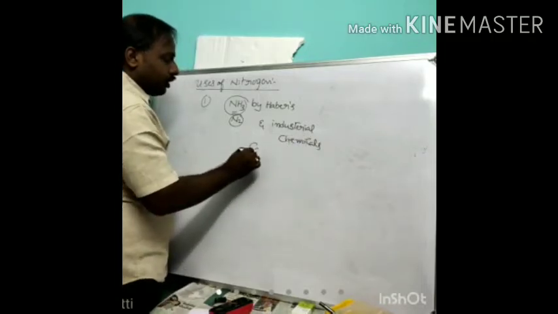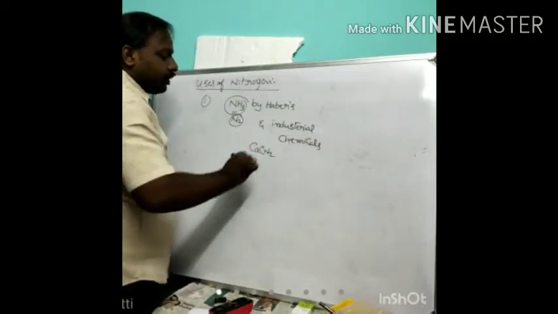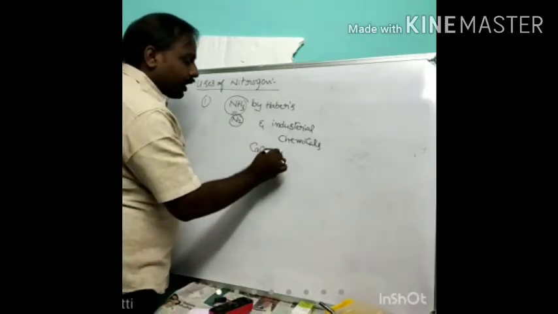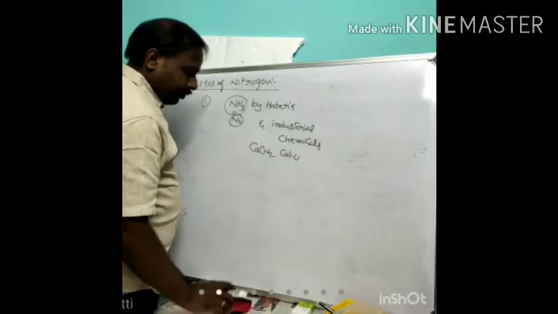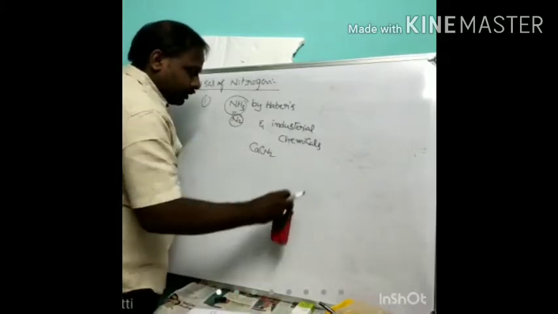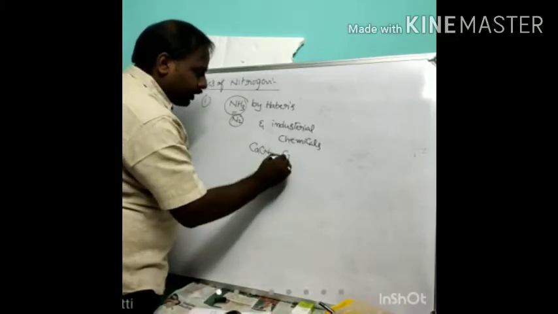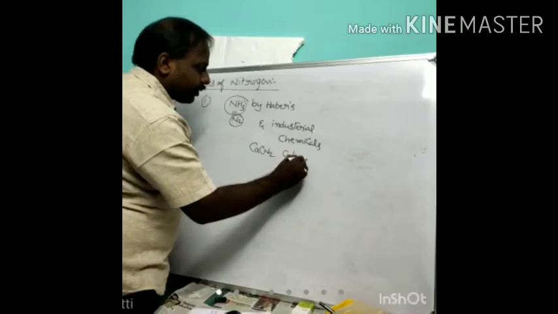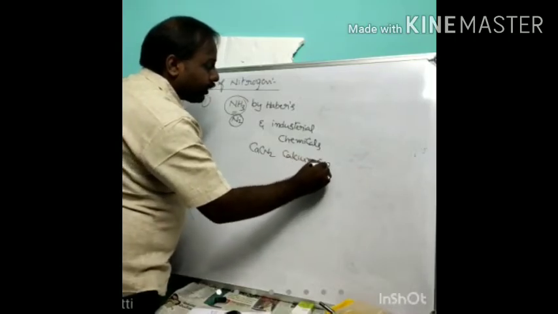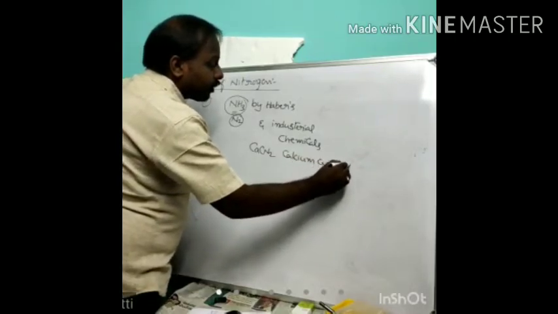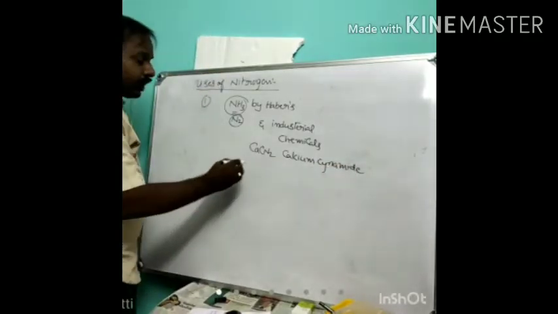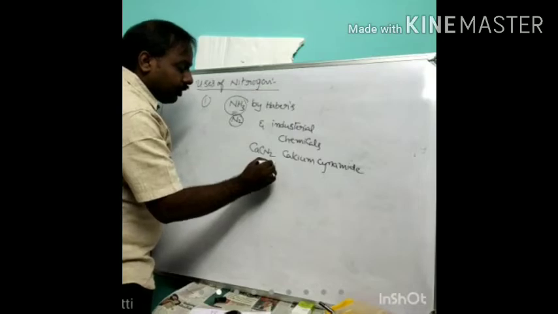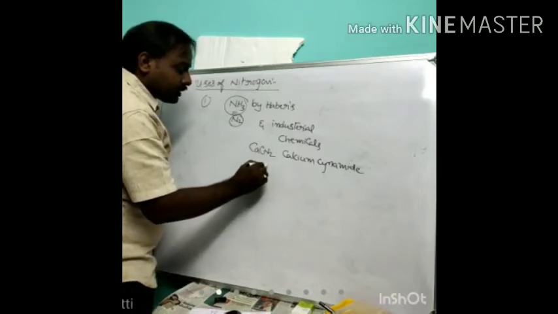Like CaCN2, which is called calcium cyanamide. It is used for fertilizers.